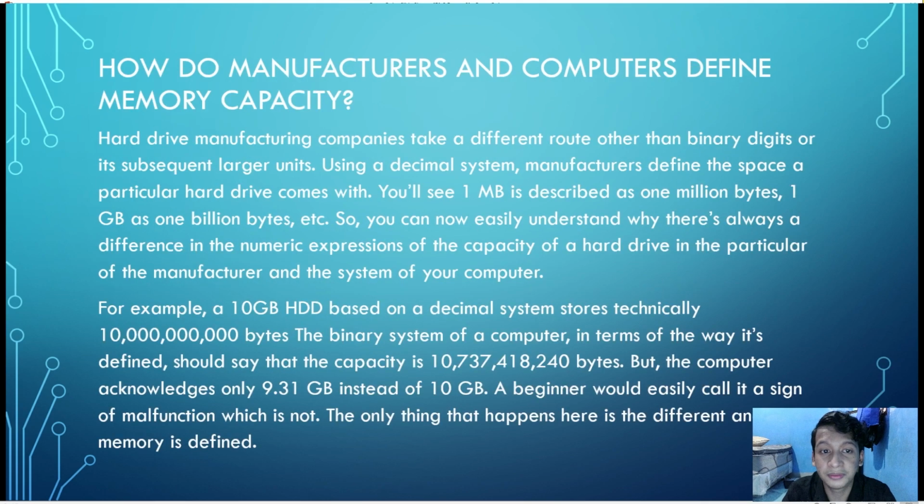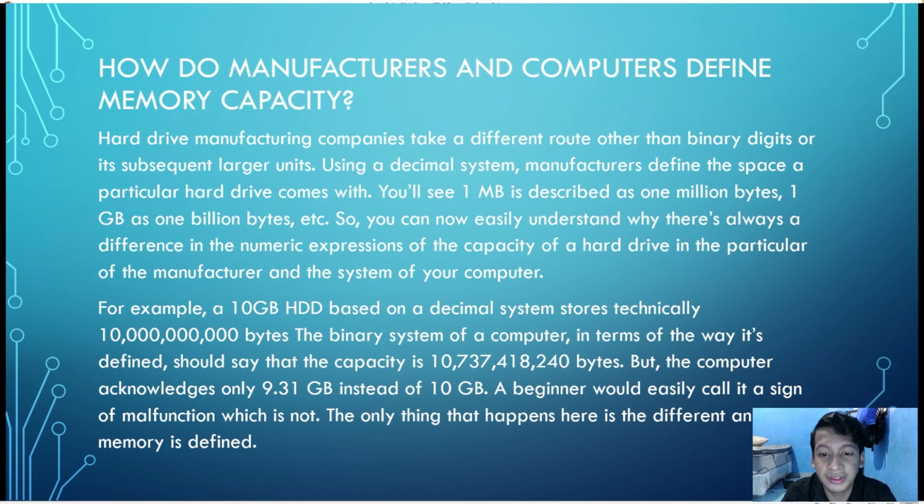How do manufacturers and computers define memory capacity? Hard drive manufacturing companies take a different route from the binary digits or its subsequent larger units. Using a decimal system, manufacturers define the space a particular hard drive comes with.